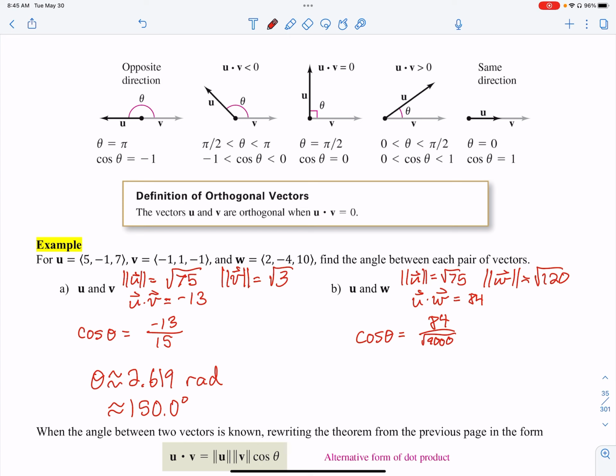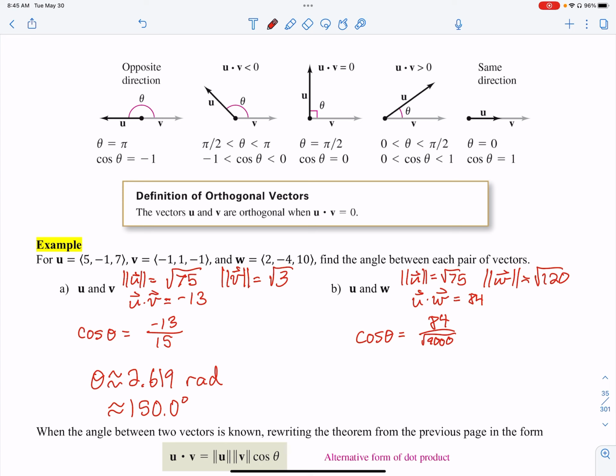Okay, let's think about this for a moment. Let's check our magnitude of u. Magnitude of u is 25 plus 1 plus 49, which is 75. Checking w, we got 4 plus 16 plus 100. It's 120. 120 times 75 is 9,000.